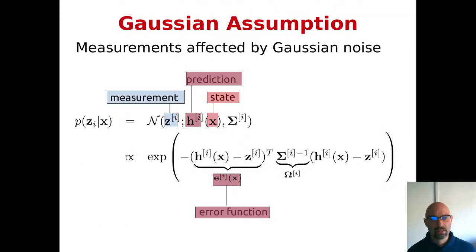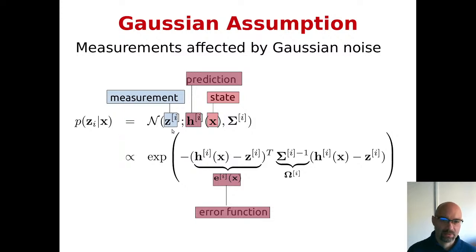introduced our Gaussian assumption that bloated up in this formulation, where we had that a single measurement is normally distributed on a conditional distribution over the potential measurement z, whose mean is affected by the state through a prediction function h, and who has an embedded covariance matrix sigma i that is attached to the measurement.